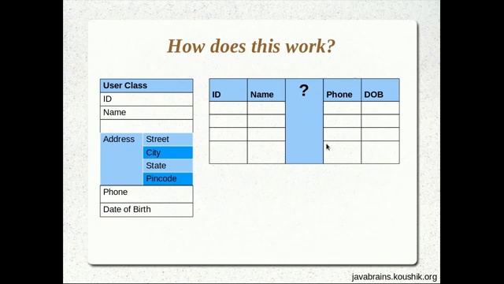We'll look at the most simplest implementation for this scenario in this tutorial, and we'll look at a little bit more advanced implementations later on. But as of now, the simplest way to do this is to have each of these member variables of the object inside the user class also to have separate columns.